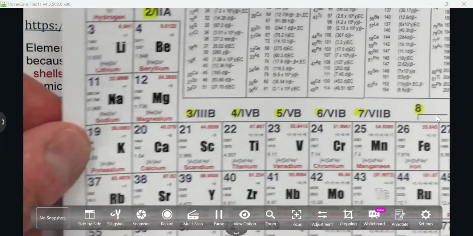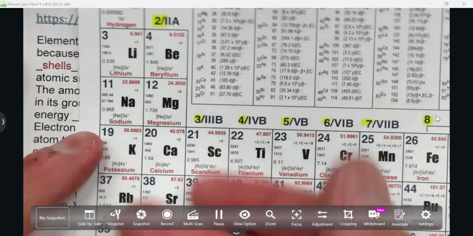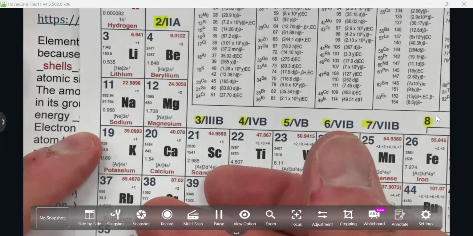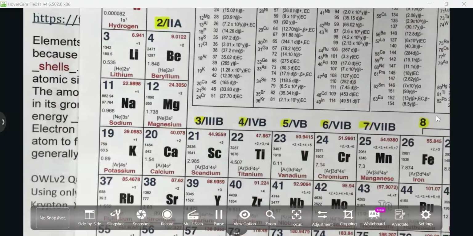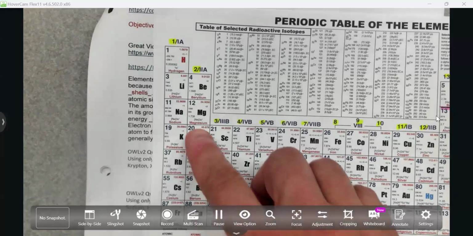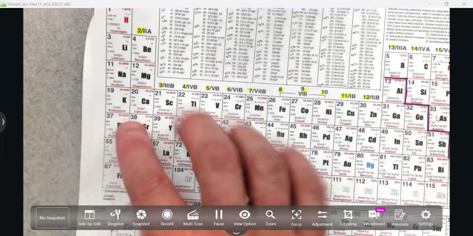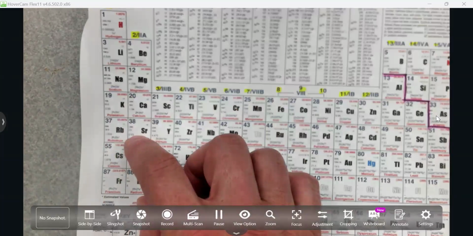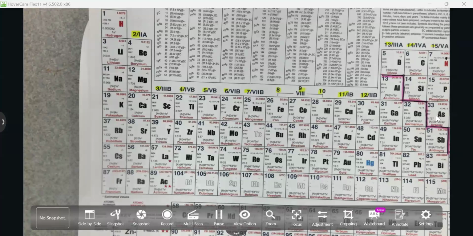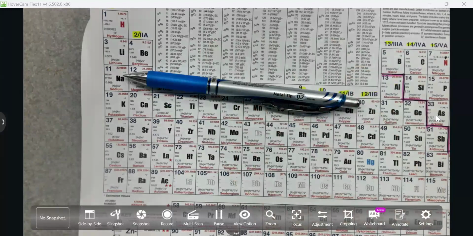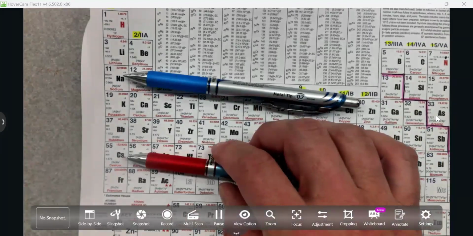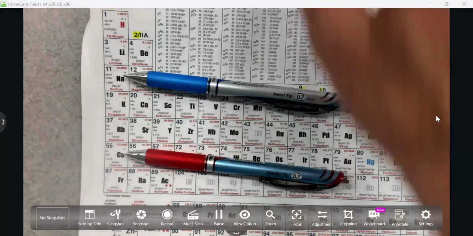Elements over here, metals over here, do not want that electron. So if ionization energy is the amount of energy needed to take an electron away, think about it as a pull. You're in a tug of war. It's not going to take much to tug away an electron over here. But let's get more specific. Is it going to be easier to pull an electron away from sodium or an electron away from cesium? And why?